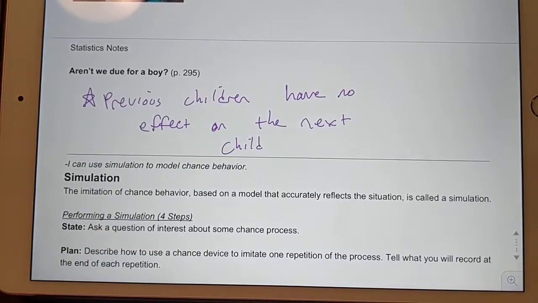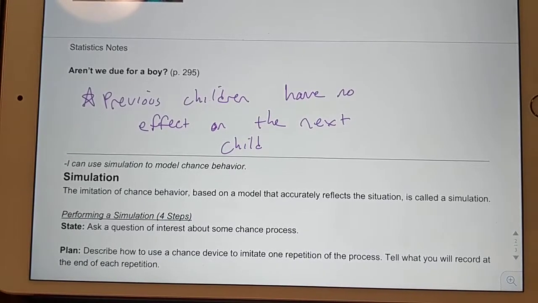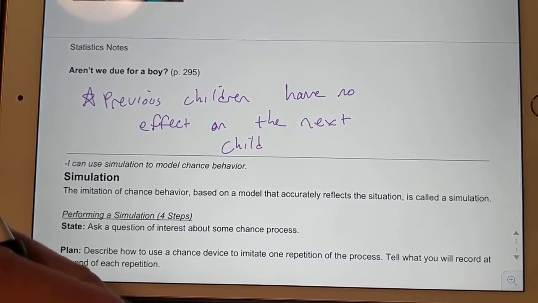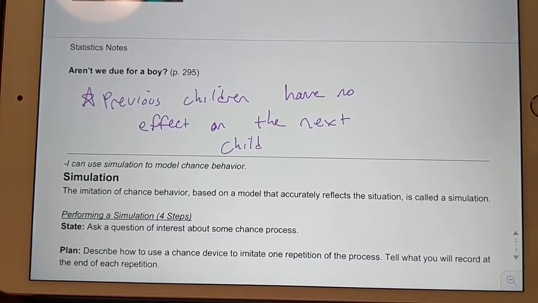You might be thinking to yourself, well, it seems really unlikely that you're going to have 6 boys and no girls. That's true. But if you think about the number of people that exist in the world and the number of pregnancies that happen every single day, there's going to be some very rare instances where you have all one gender. And it turns out they're actually not that rare when you consider the amount of people that we have on Earth.